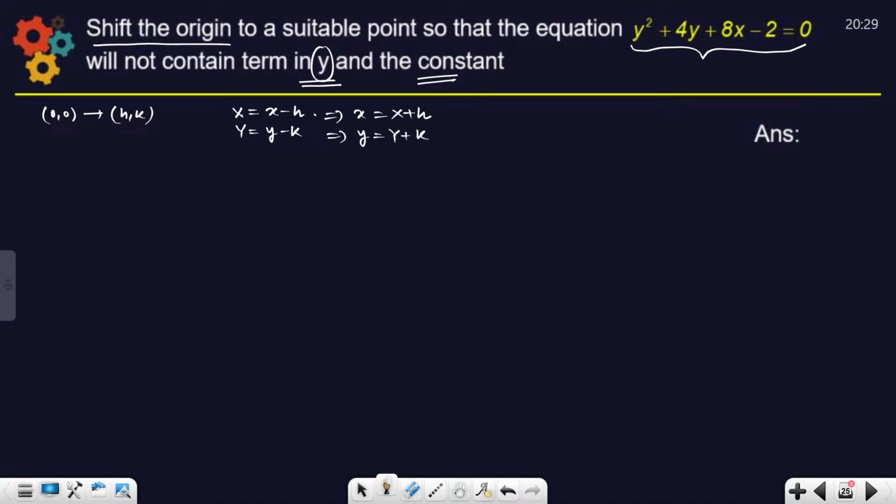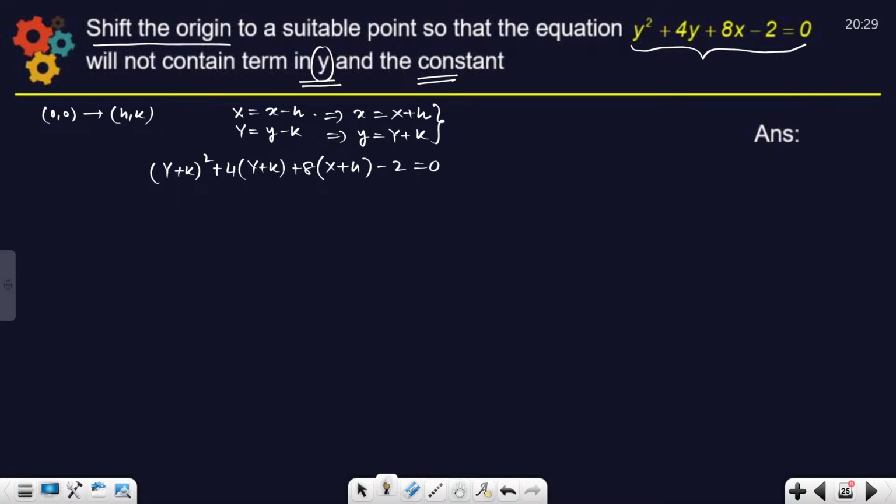Remember this. So I will simply put small x and small y in this equation straight away. So we are getting (Y plus k) whole square plus 4 (Y plus k) plus 8 (X plus h) minus 2 equals 0.